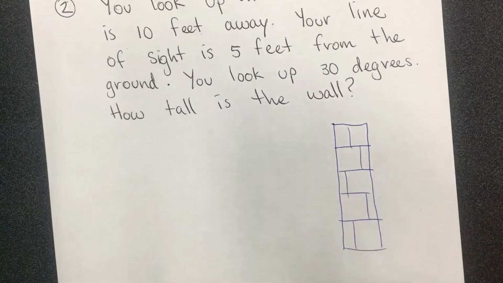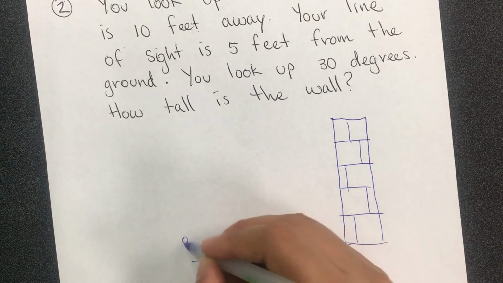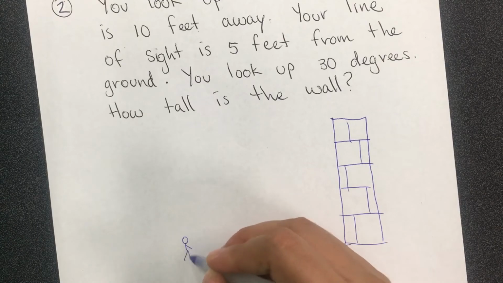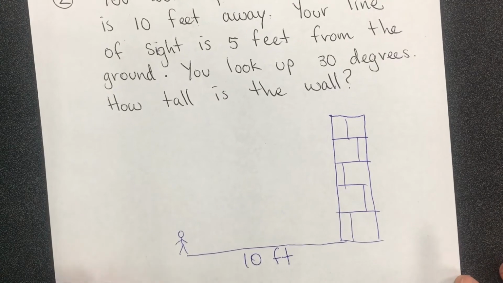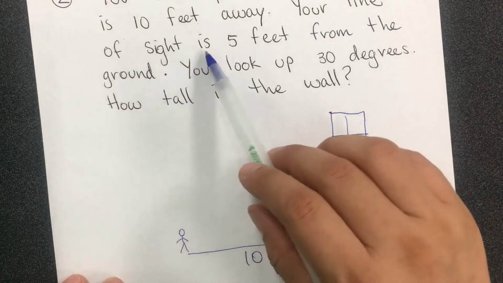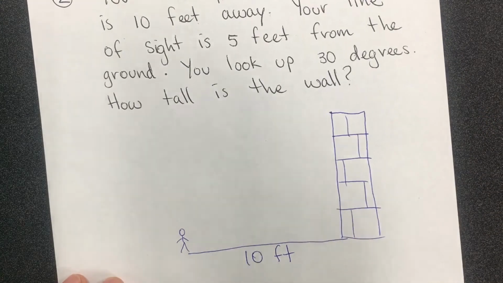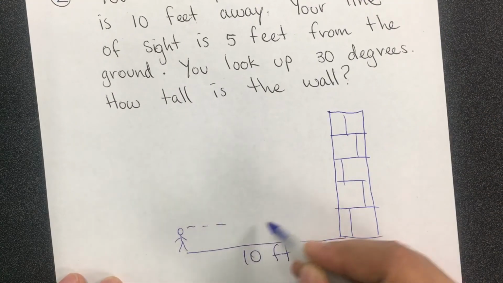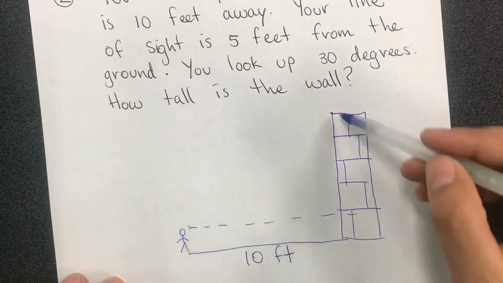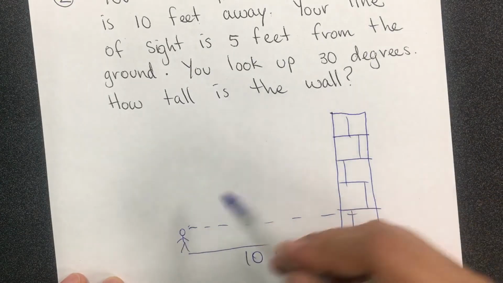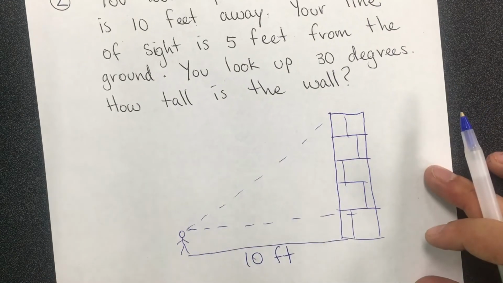And it's 10 feet away from where you are. Okay? 10 feet away. Then it says your line of sight is 5 feet from the ground. And this is additional. In fact, some books, if the distance is a lot higher and longer, they don't pay attention to these 5, but I'll show you why they're saying this.